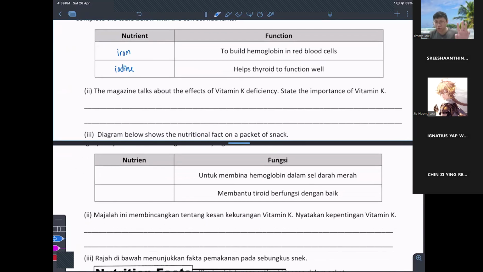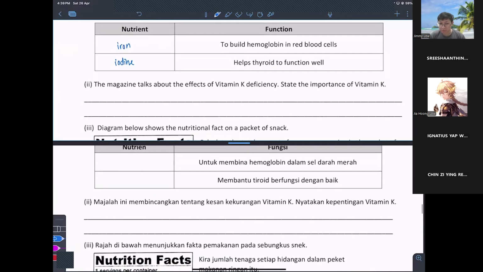You have to go through all these and memorize their function. As well as vitamins A, B, C, D, E, K. Including the fiber, the water, the carbohydrates, the protein, fats, all these things have to go into your mind because the question will ask you.